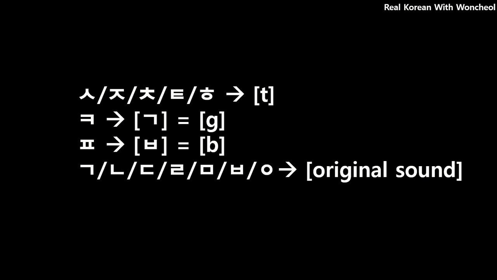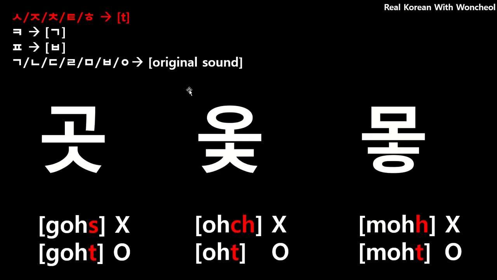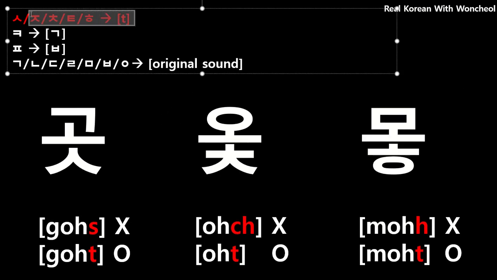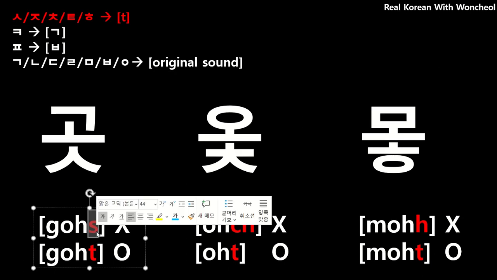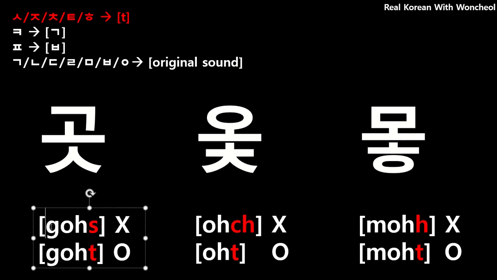Let me show you example. Let's start with this here. You see these consonants, final consonant here. So original sound of this consonant is S. So it was supposed to be goes, but it's not. As a final consonant, it has T sound here. So 곧, okay.